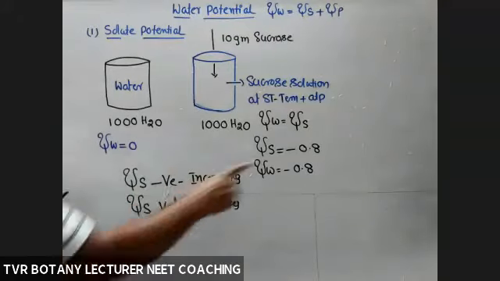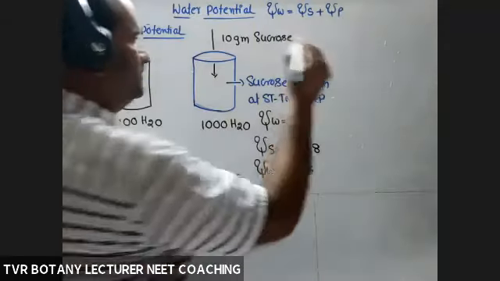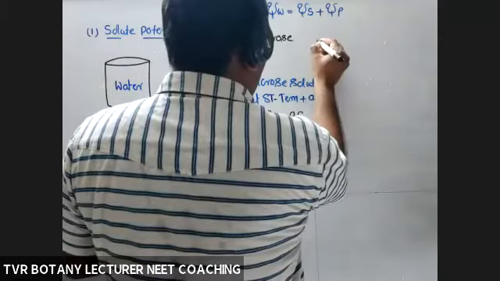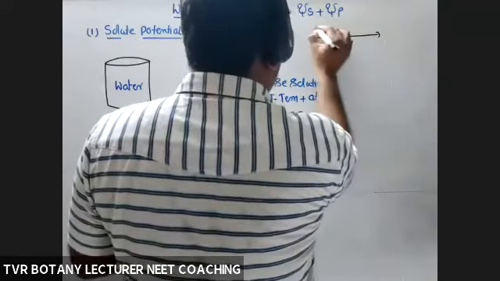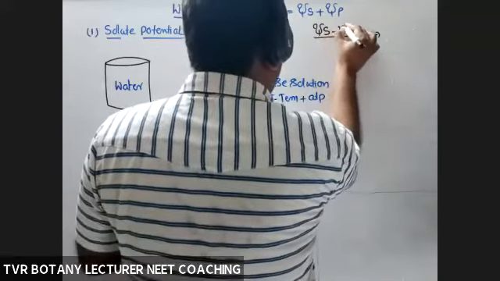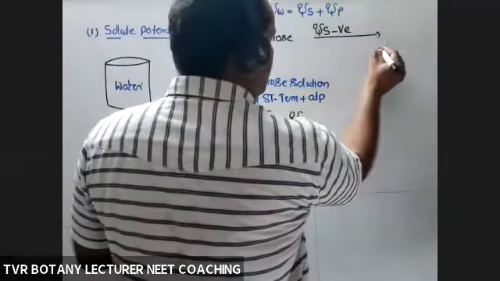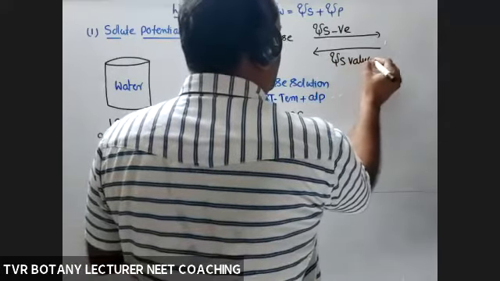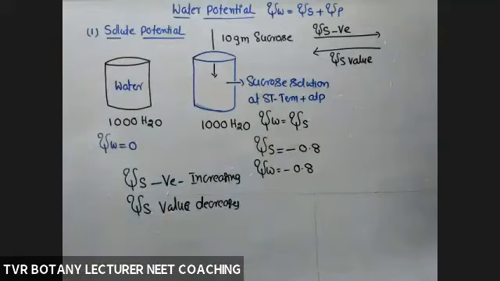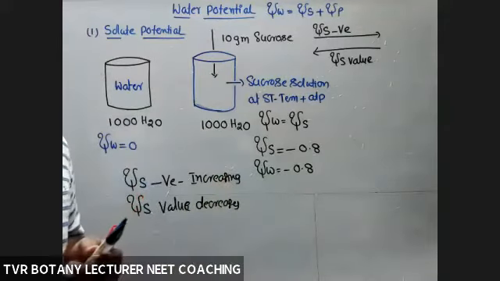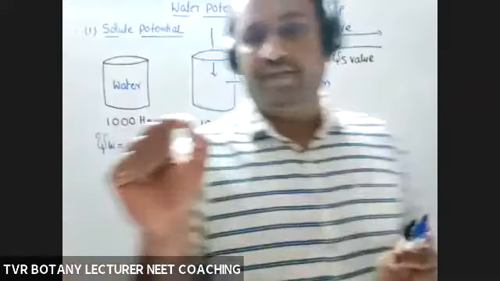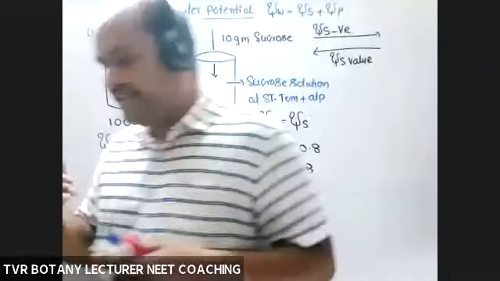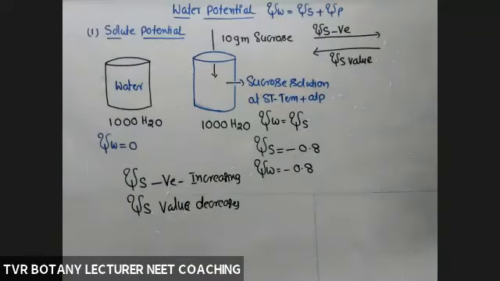Right? More is the content of sucrose, more is the negative value of psi S, more is the negative value of solute potential, less is its value.